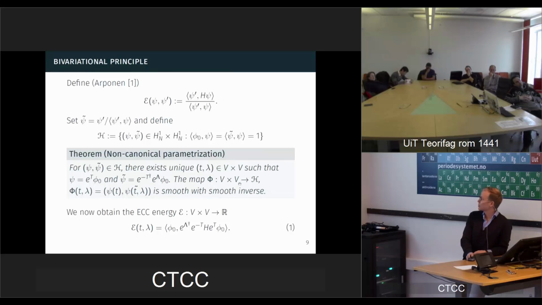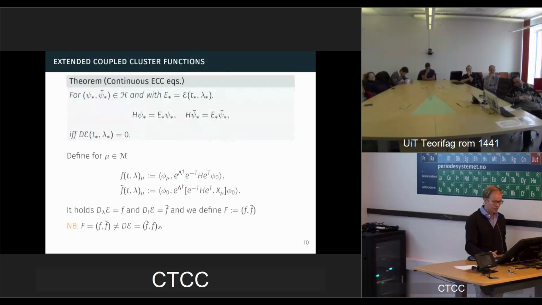The most important thing here is that this map from these cluster amplitudes to this double space of wave functions is smooth. So with this reparametrization, we can plug it into the bivariational energy quotient and get an energy functional that is smooth in these cluster amplitudes, and we can take derivatives of this. So that is what we will do next.